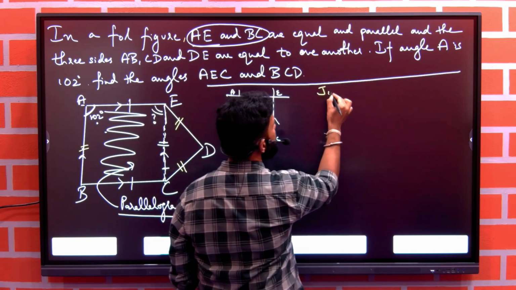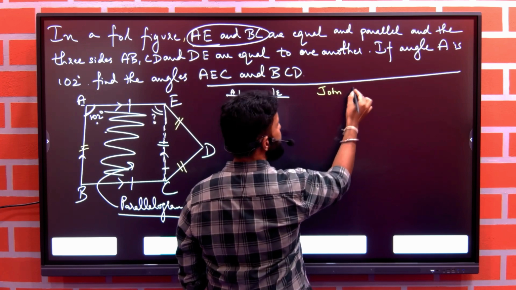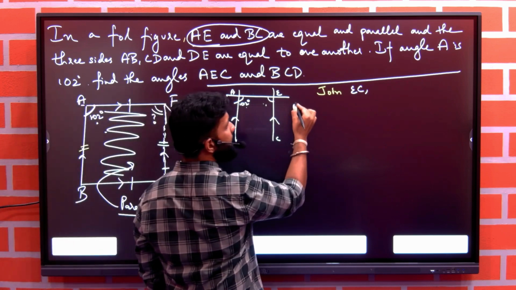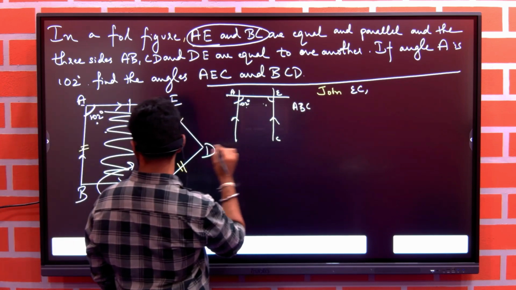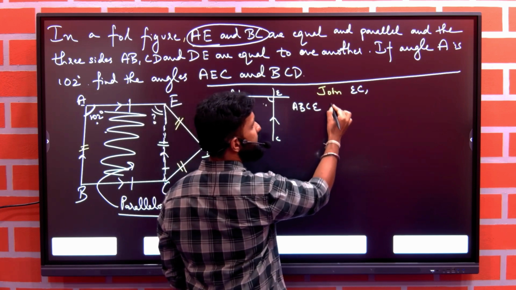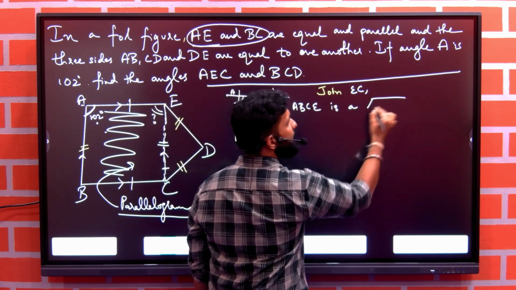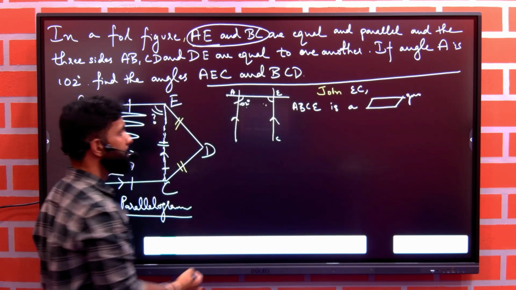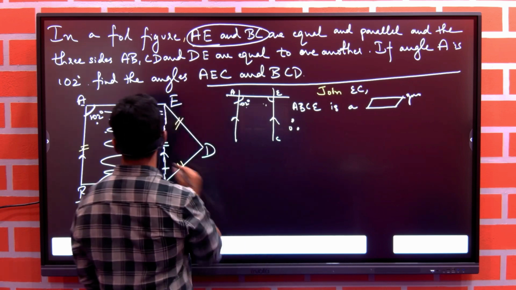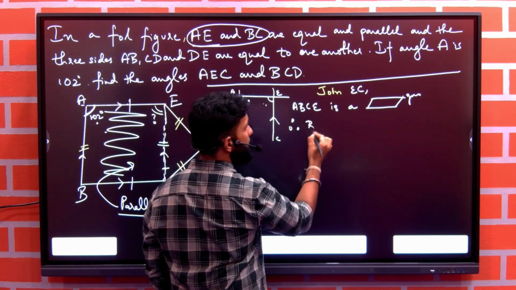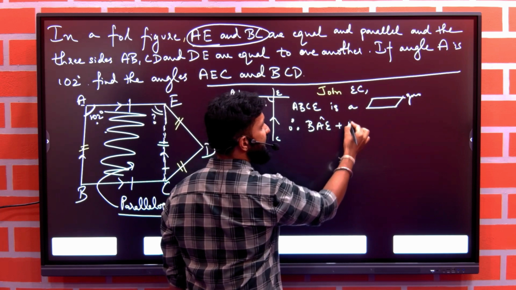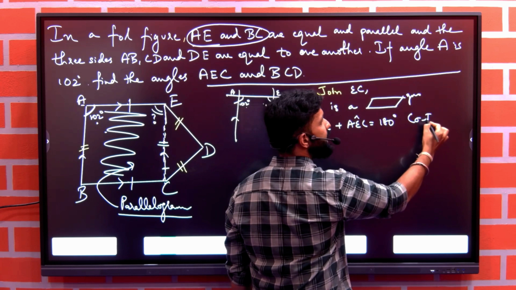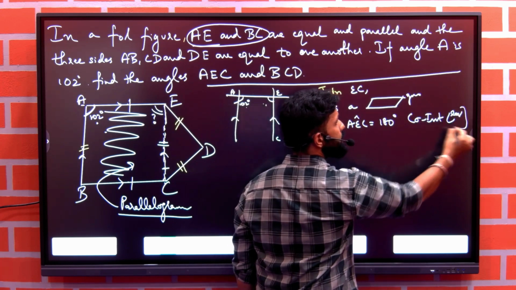So join EC. ABCE is a parallelogram. Therefore, angle BAE plus AEC is equal to 180 degrees, and the reason is co-interior angles or allied angles.